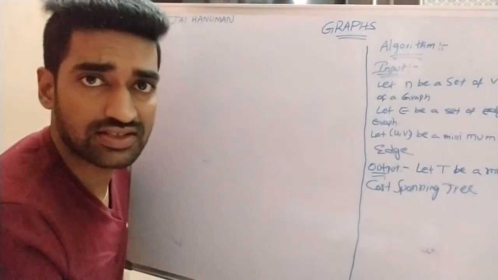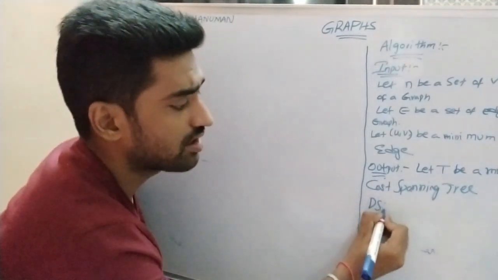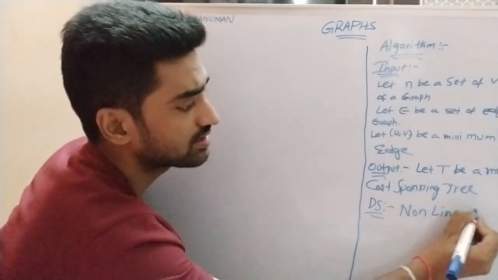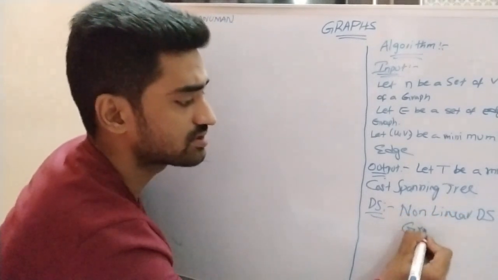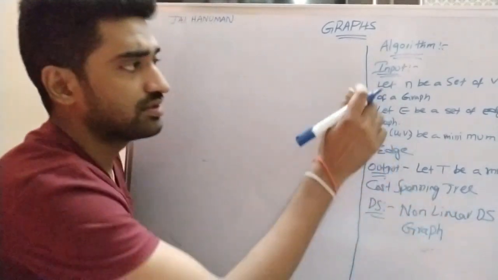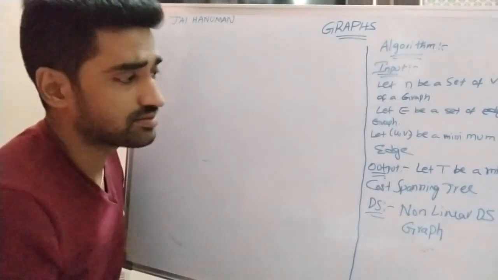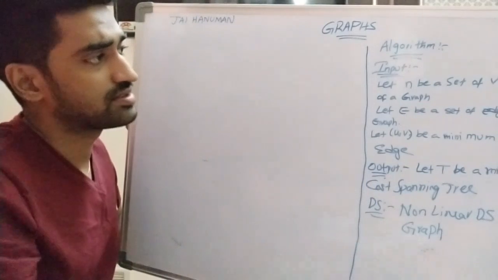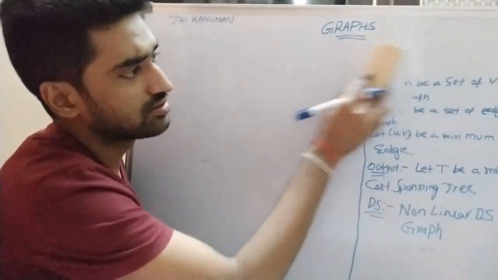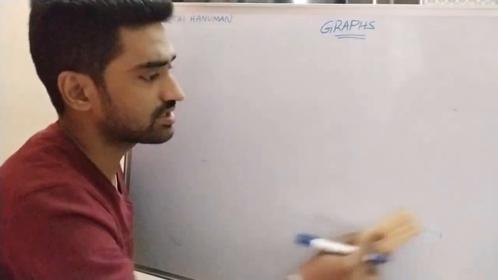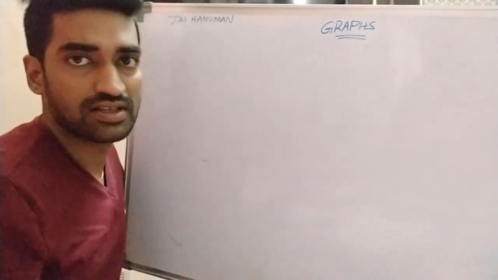What is the data structure? Non-linear data structure, graph. These are the input, output and data structure. Then I am taking the steps of how to solve a problem using Kruskal's algorithm, which can be represented with the help of steps.